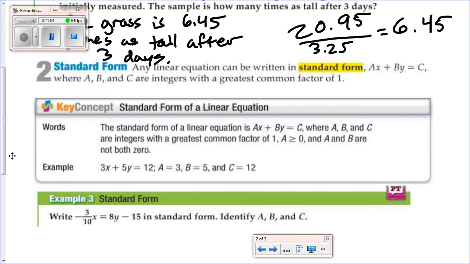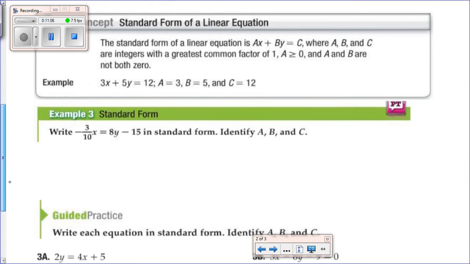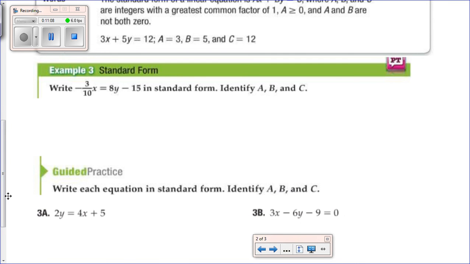So example 3 here, I'm going to scroll a little bit. In example 3, we have the standard practice using standard form. We need to write negative 3/10 x is equal to 8y minus 15 in standard form. Identify a, b, and c. Again, we want a to be non-zero, and greater than or equal to 0, so positive, non-negative.